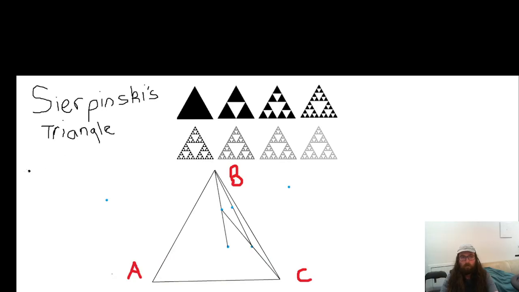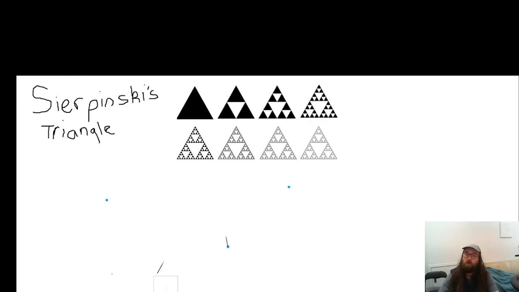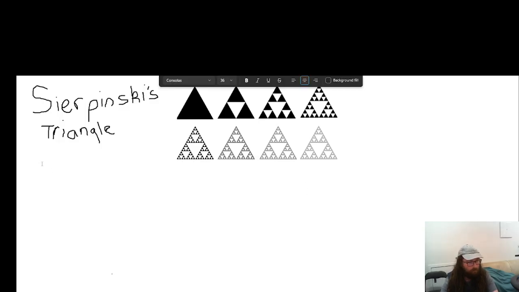Now the final example is to do with a game called Towers of Hanoi. I'm just going to quickly write that down actually. The Towers of Hanoi is somewhat of a simple game.